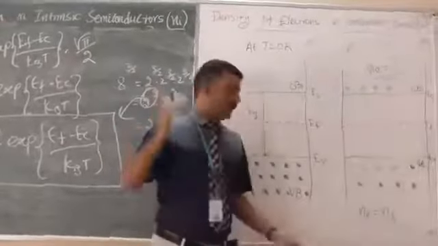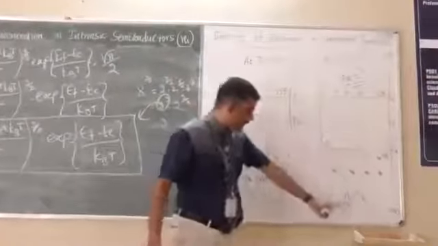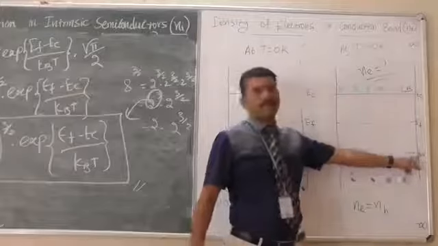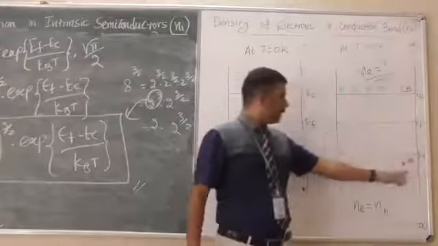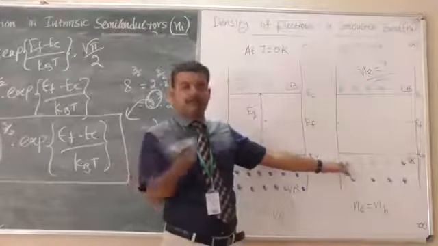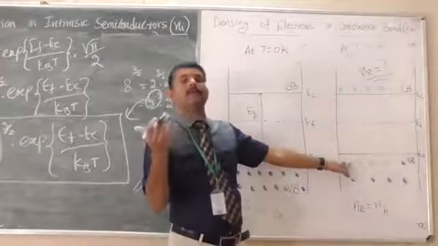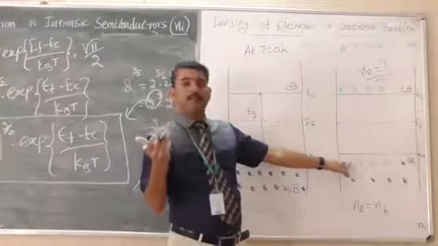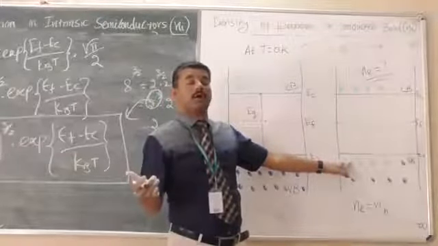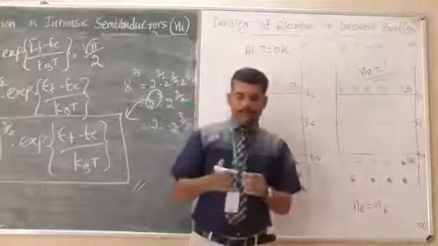If you want to calculate NH, we need to consider that the minimum energy level is minus infinity and the maximum energy level is EV. And here the hole is created, which means that there is no electron available, so the Fermi function will be 1 minus f of E, which means that it is not occupying the given energy state. So don't ever forget.